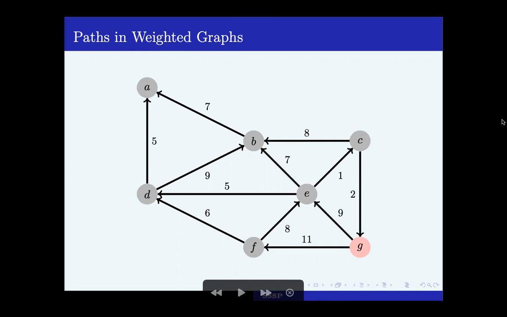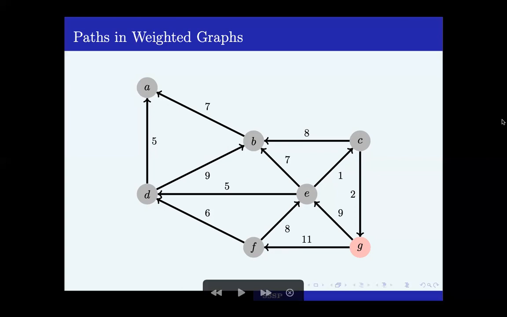I know that from G at this point, I have this whole graph. A is too far away from me. I am not even going to try to solve the shortest path from G to A. Instead, I will find all the shortest paths from G to all the vertices.